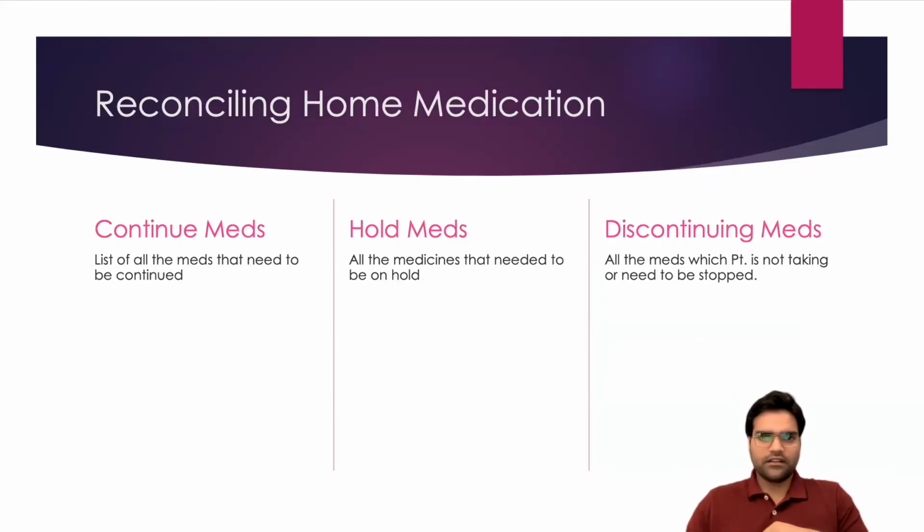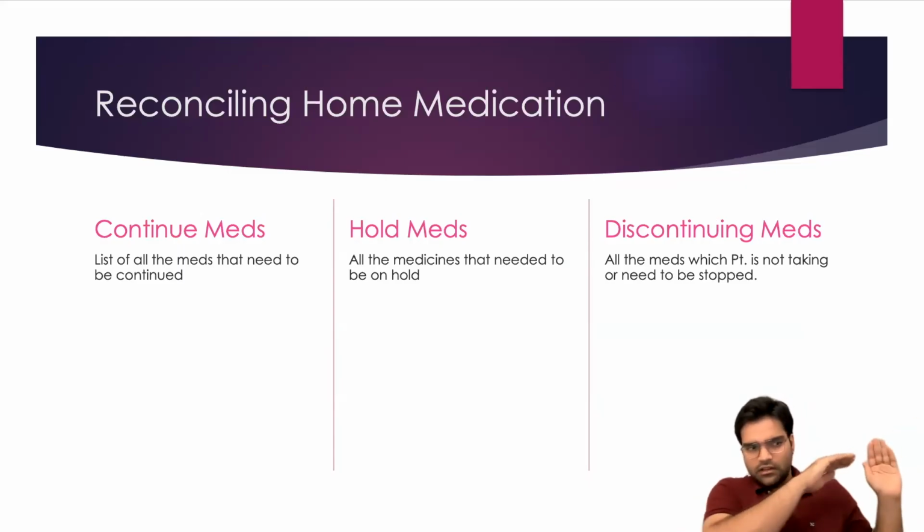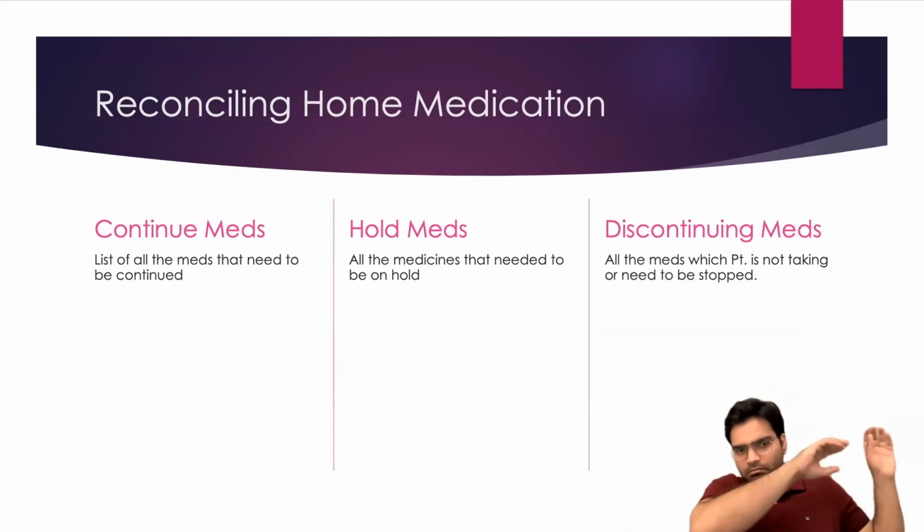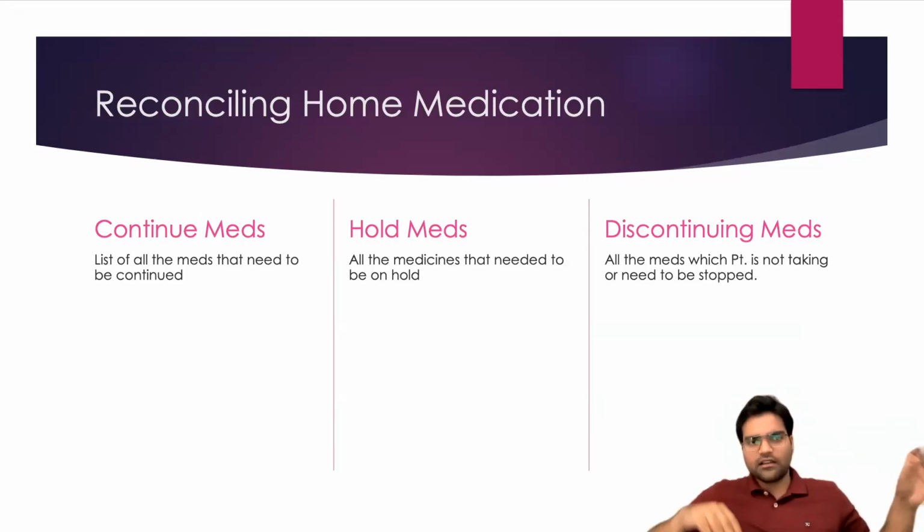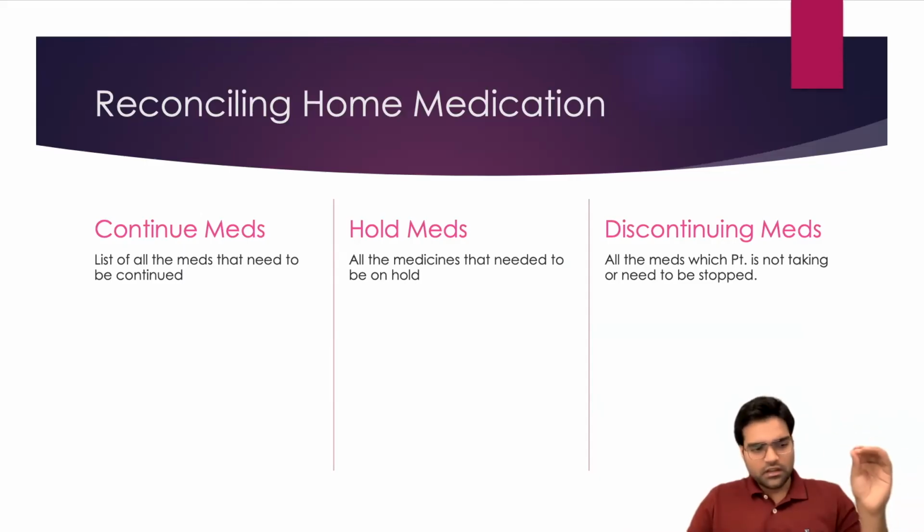Okay. And after that is reconciling the home medication. I'm just giving you the picture from the start to the end. Usually when you present the case, you don't have to mention the medication reconciliation, because you have already mentioned that in your HPI, that the patient was taking these medicines, the dose was like this, and he was taking them on these days.